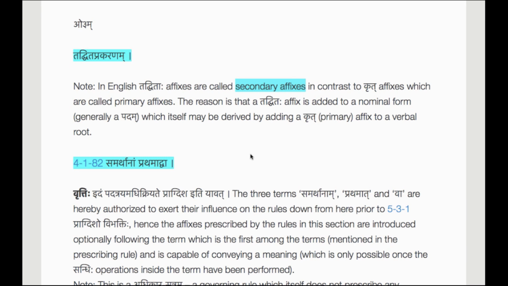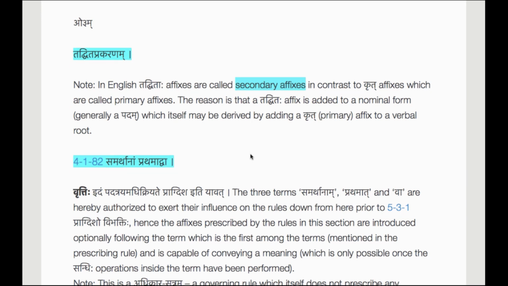This is how we take a Pratipadikam, in this case Mudha, and then apply a Tadhita affix, which is called a secondary affix, to create a derived Pratipadikam, in this case Maudhya. So that is why these Tadhita affixes are referred to in English as secondary affixes, while the Krit affixes are referred to as primary affixes.